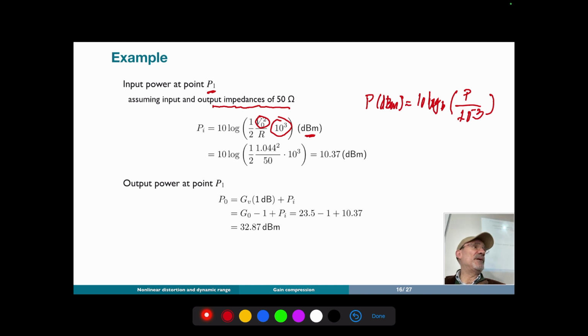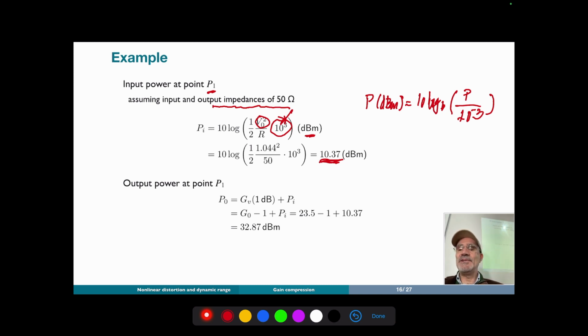Dividing by 10 to the minus 3 is the equivalent of multiplying by 10 to the third, which is this factor here. So this factor is just to make the conversion to dBm, or to refer to 1 milliwatt. And so we get the result that the 1 dB compression point referred to the input is approximately 10.4 dBm.